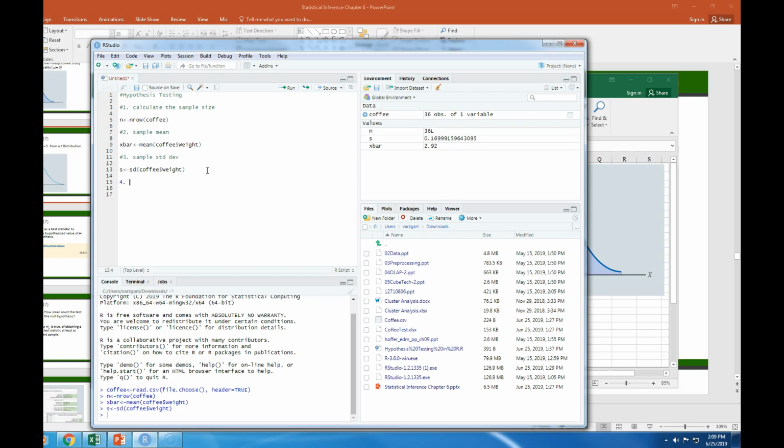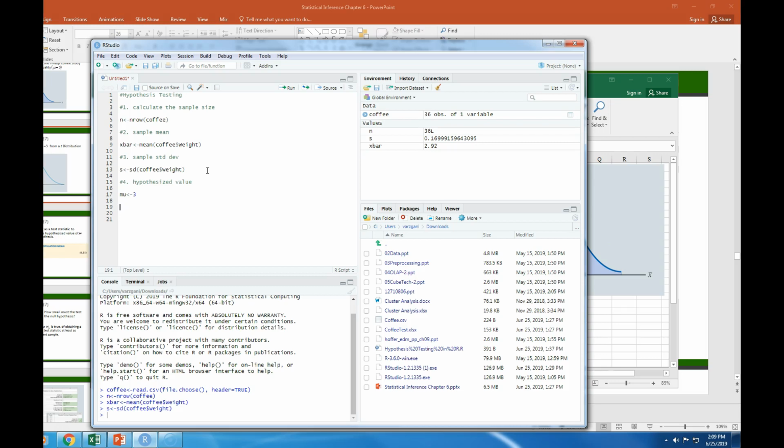The fourth calculation we need to make is, actually we need to tell R what our hypothesized value is. Let's call this hypothesized value mu, and mu is set to 3.